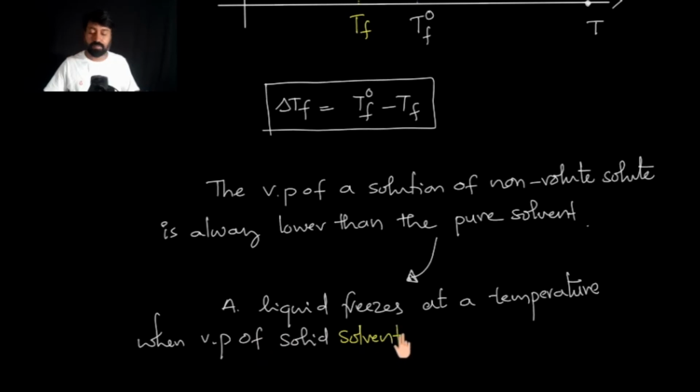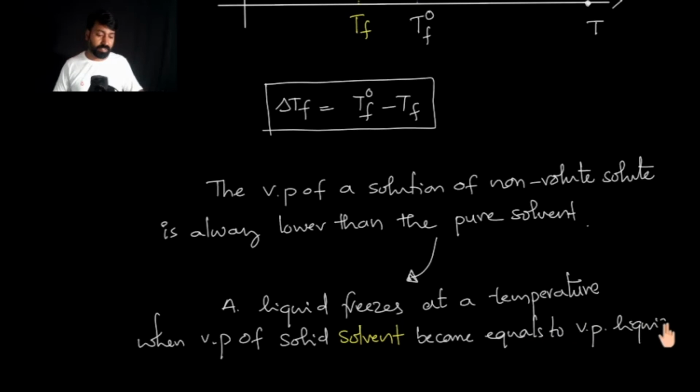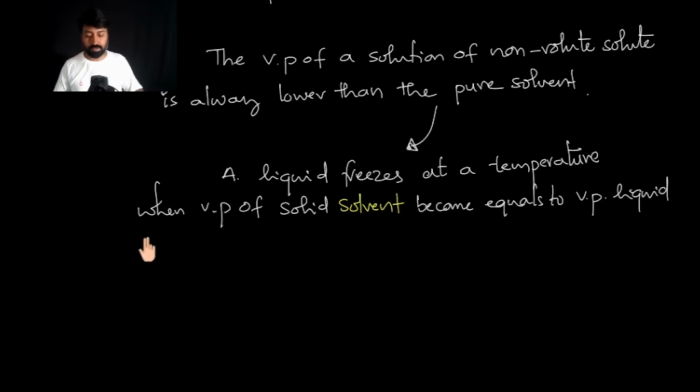So what is the meaning of vapor pressure of solid solvent? When you decrease the temperature, the solvent is converted into solid, and that solid has a certain vapor pressure. Okay, the vapor pressure of solid solvent becomes equal to the vapor pressure of liquid solvent.